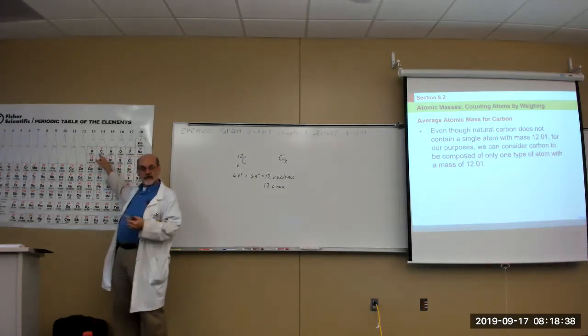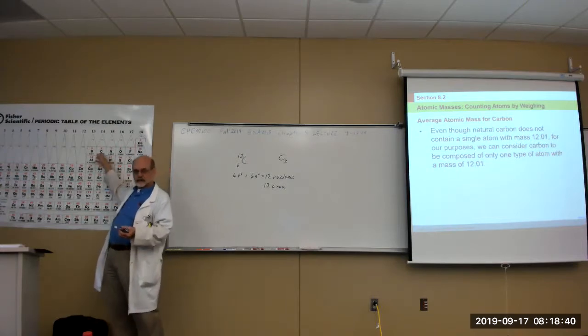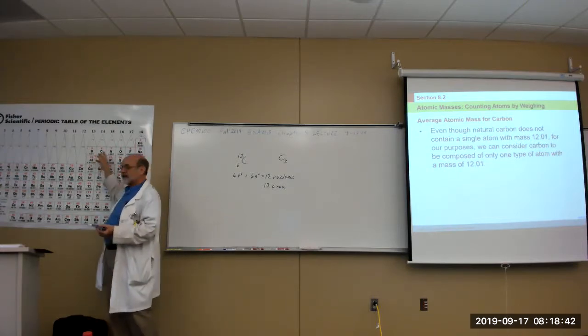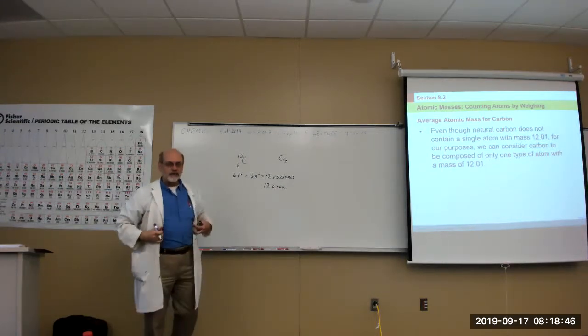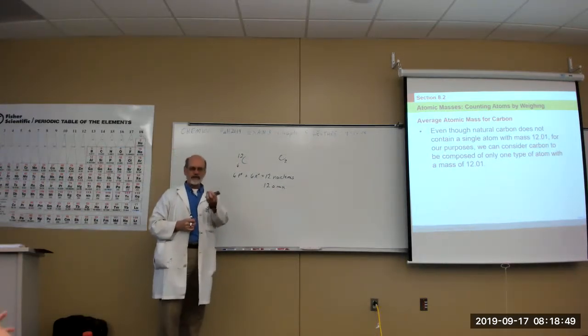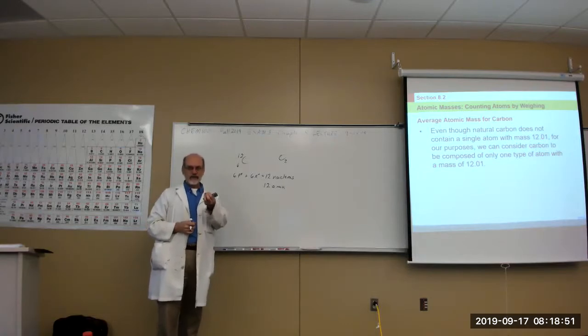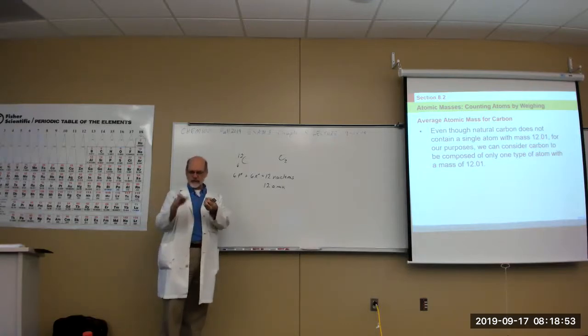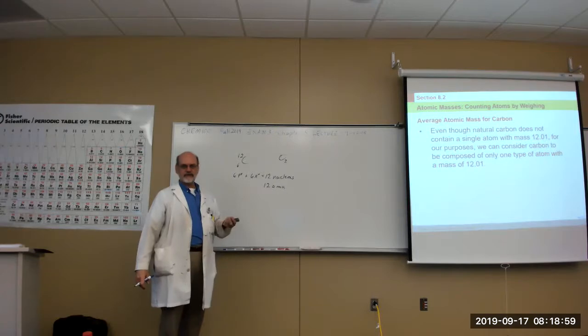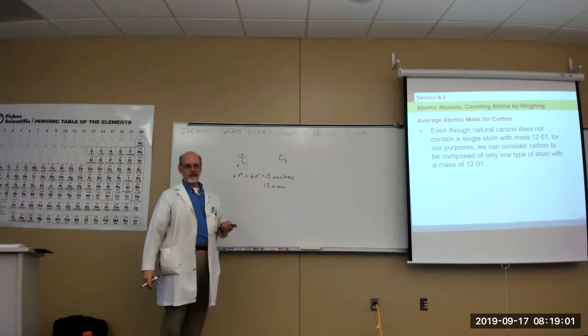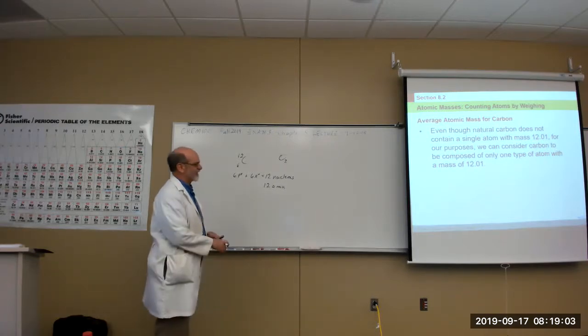When you include the other isotopes, carbon-13, carbon-14, they skew the value only a little bit. So most of your sample of naturally occurring carbon will be carbon-12. You just have to separate out a few 13s and 14s. Okay, does that answer your question? Sort of. Okay.